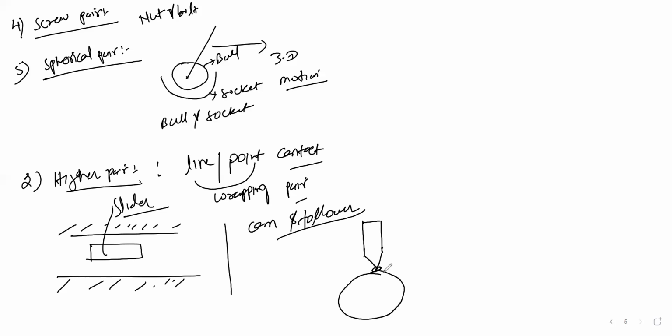This roller is rolling over the cam. This is called the cam, and this is your follower. This follower is fixed on both sides, and it makes a line contact. So it is an example of a higher pair.